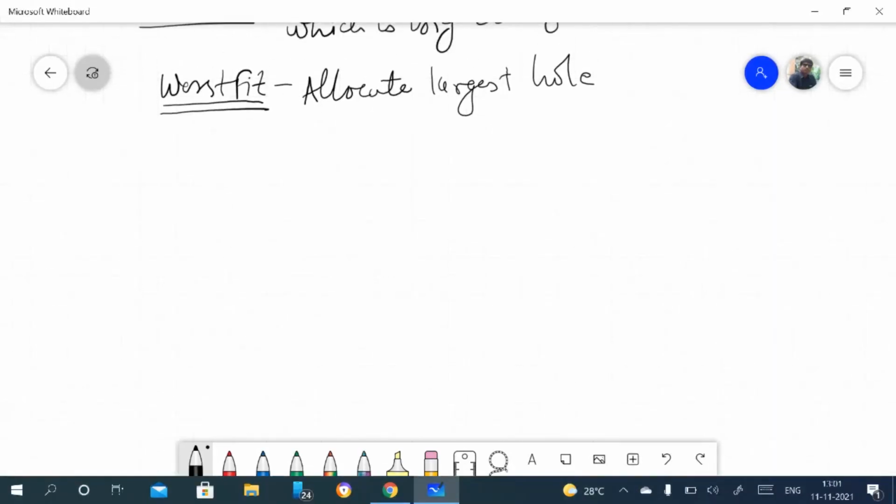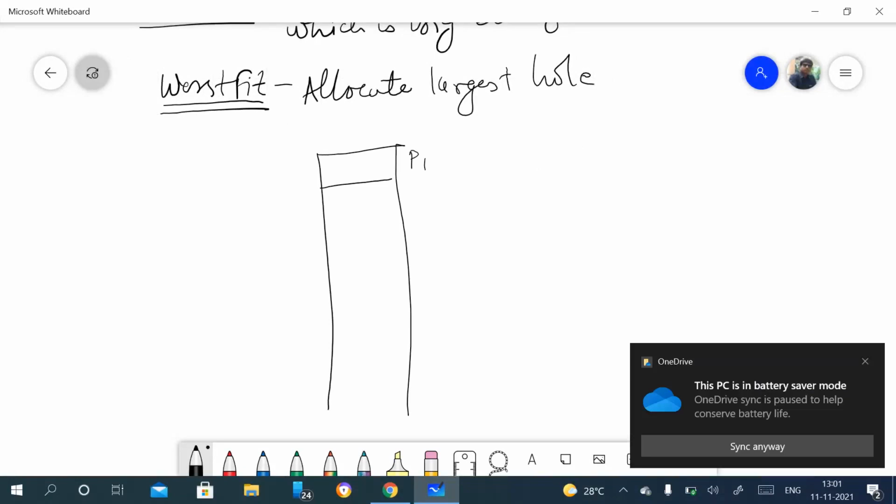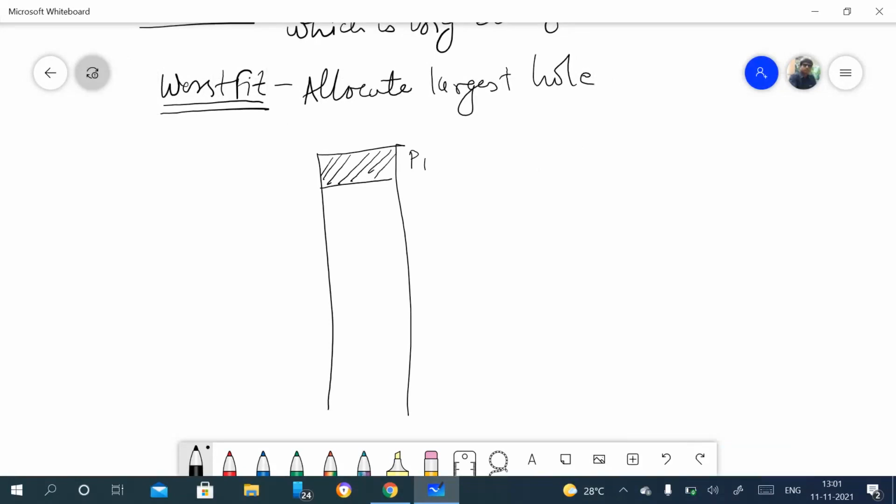Consider process P1, this is reserved, this is a hole, say 20K or 10K, whatever.